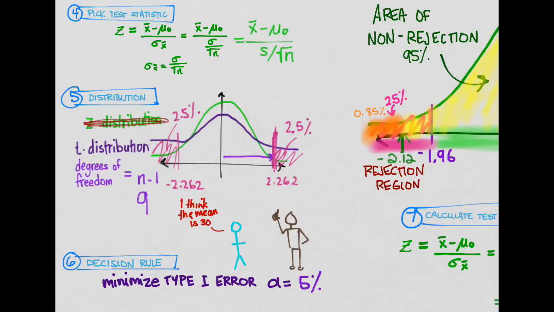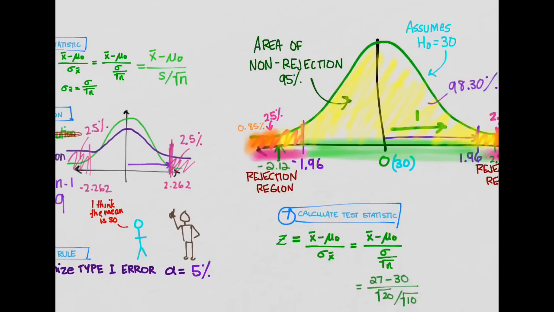Now, one point I'll make real quickly, it's a subtle point: remember with our z-table, our decision point was 1.96, not 2.262. That means that we have a lot less space between these two than we do between here.